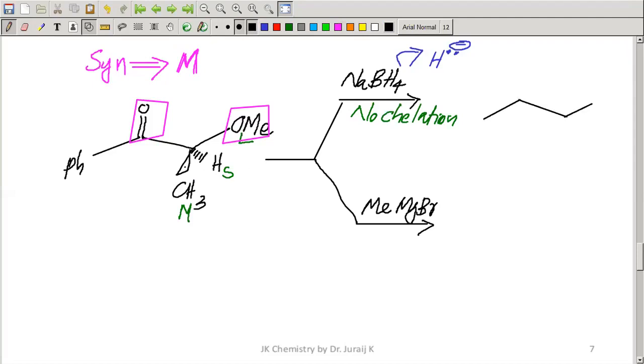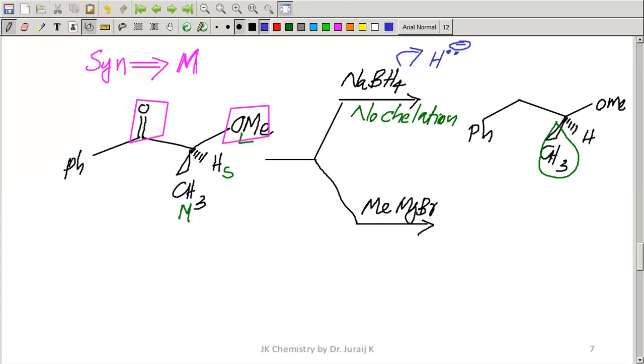First of all, you want to keep this alpha chiral carbon as such. So CH3 in wedge, no change at all. Hydrogen in dash, OMe in the plane of paper. Your reaction takes place on this side, right? So the rule says that attack takes place from the side of the medium group. What is your nucleophile?